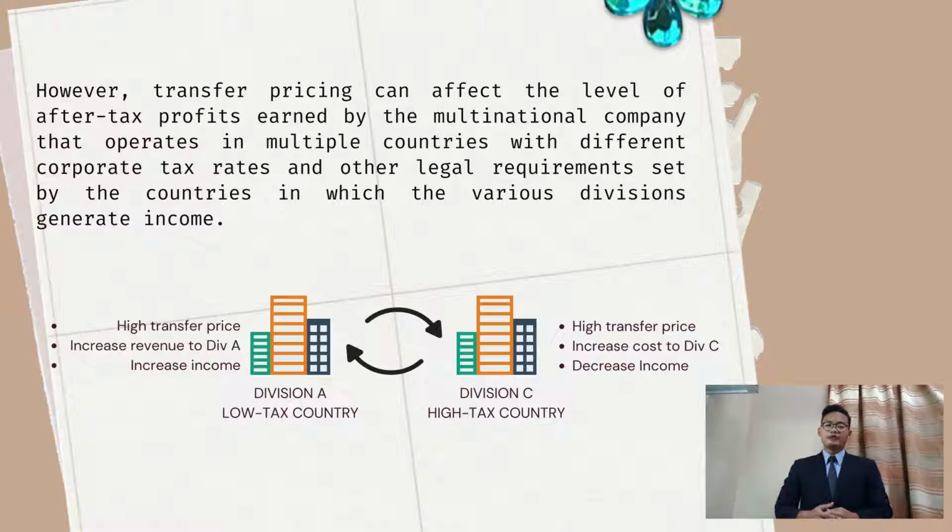For example, if the selling division operates in a low-tax country and the buying division operates in a high-tax country, the transfer price may be set quite high. Then the high transfer price, which is revenue for Division A, would increase profit in the division in the low-tax country. And the high transfer price, which is cost for Division C, would decrease the profit in the division in the high-tax country. This transfer pricing strategy reduces overall corporate income taxes.